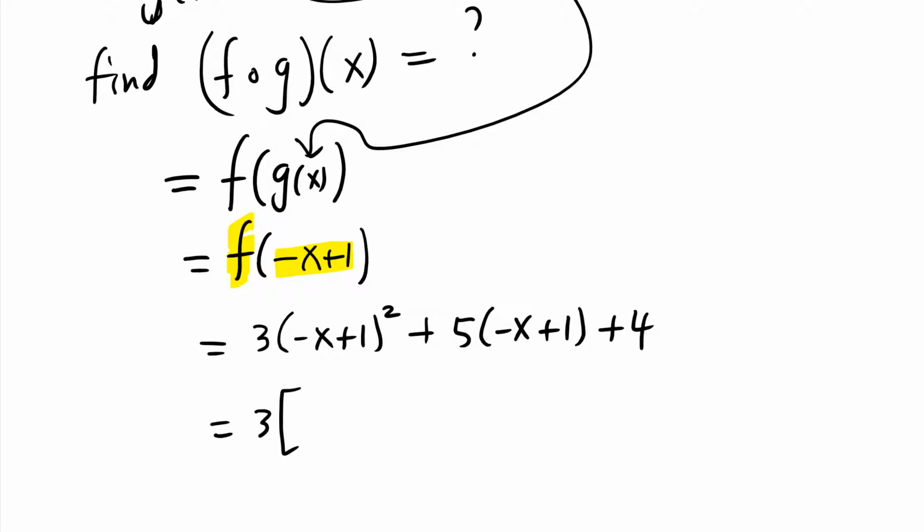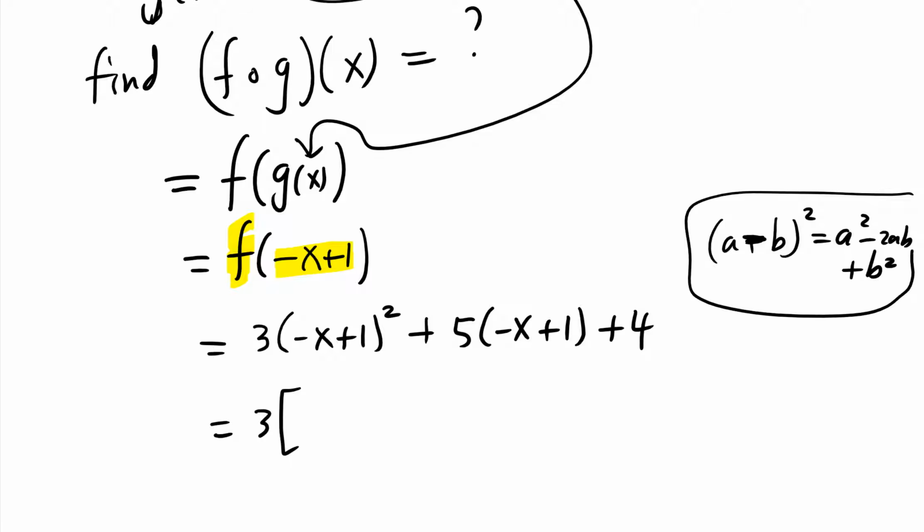3 times this one. To expand this, we use the formula a plus or minus b squared. It's a squared minus 2ab plus b squared. So you square the negative x, minus 2 first times second, plus 1 squared. Here distribute the 5.